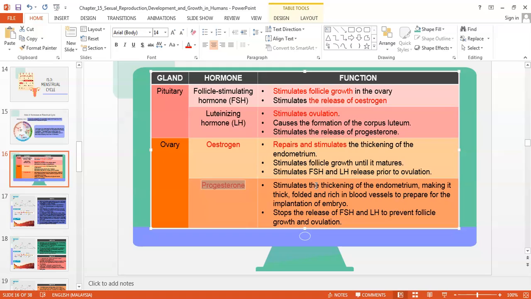Tapi bila dah repair elok, barulah progesterone yang akan datang untuk nak bagi lagi tebal dan making it thick with blood vessel. Itu yang penting lah. Dan progesterone dia punya function to stop the release of FSH and LH.